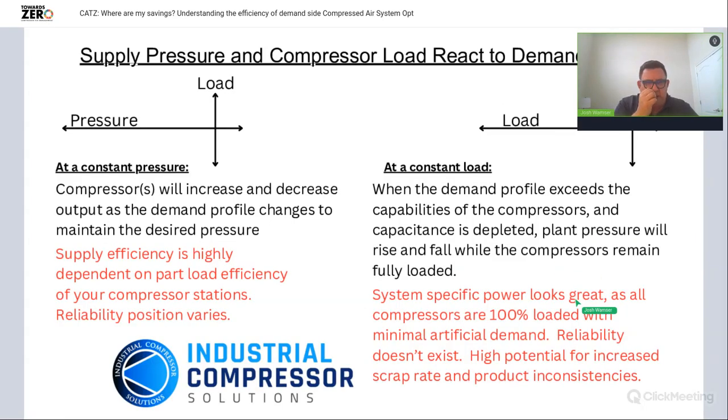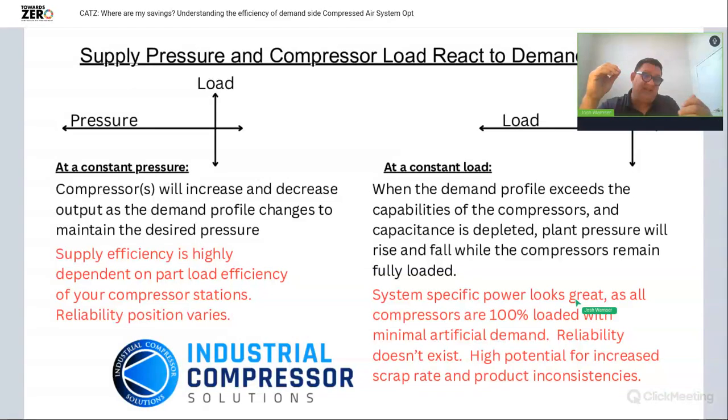We talked about this a little bit earlier in that first scenario, but it's also the same in the second scenario. This is what we're talking about, where if the demand profile is underneath the supply capabilities, then pressure will be controlled either to one specific set point or a pressure band, and the compressors will load and unload to maintain that constant pressure or pressure band.